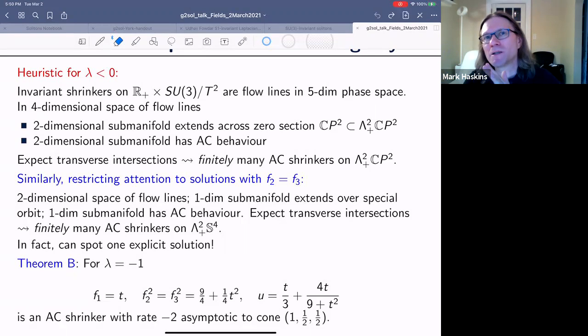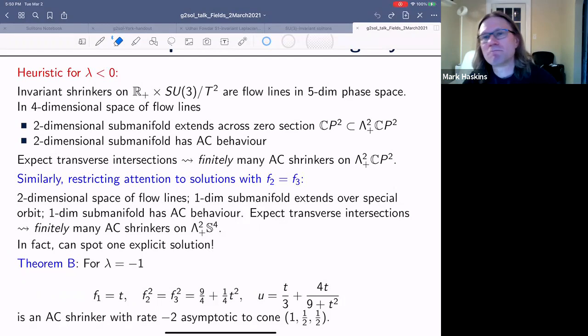So now if you want to get, say, an expander, then you want to move them away from being area minimizing. So you push them so that the angle condition is no longer satisfied. So you push them together a bit. Then there is an expander with maximal symmetry asymptotic to that.